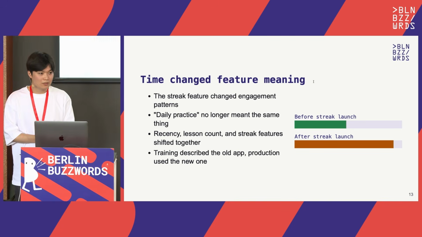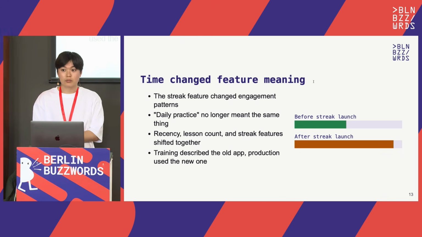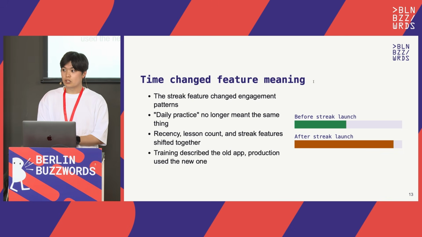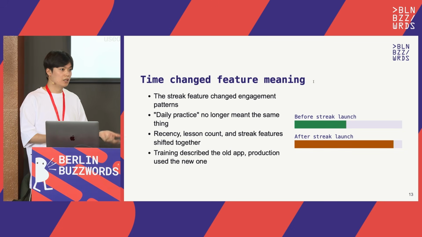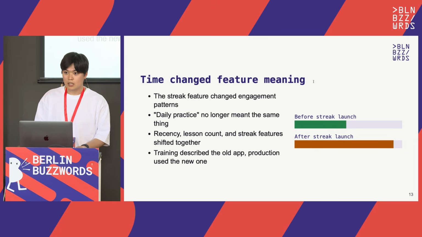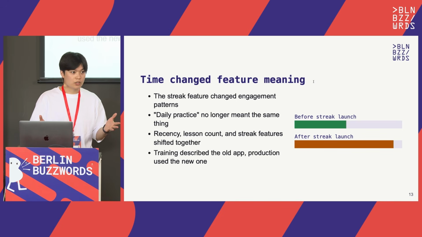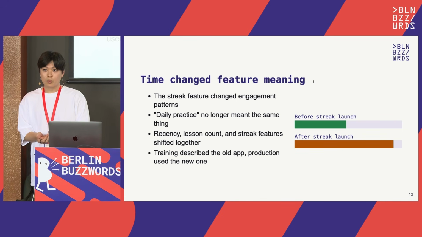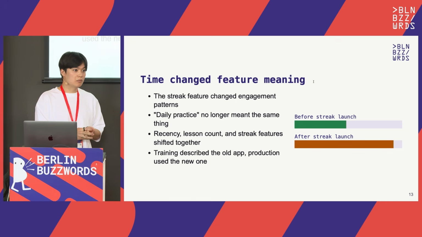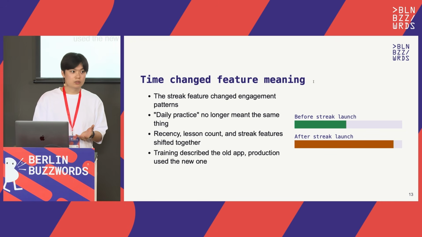As I was saying, the streak feature forced the users, some of them, not all, to change their behavior. They started to open the app more regularly, so the number of sessions per user increased. However, the average length of the user sessions became shorter.